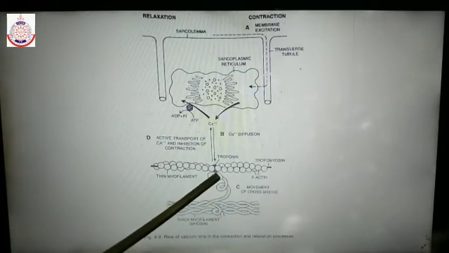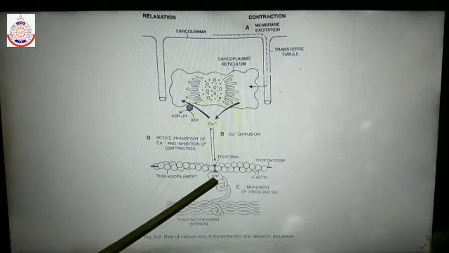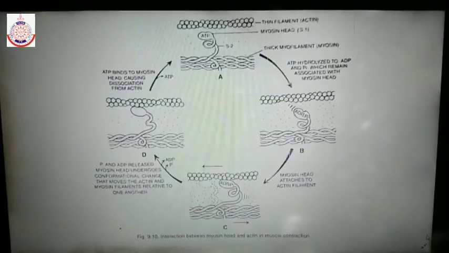The head of the myosin binds to the active site, and moreover the ATP is converted into ADP with the help of the enzyme ATPase, which is present in the head of the meromyosin filament. This will be clearer with the help of this diagram.